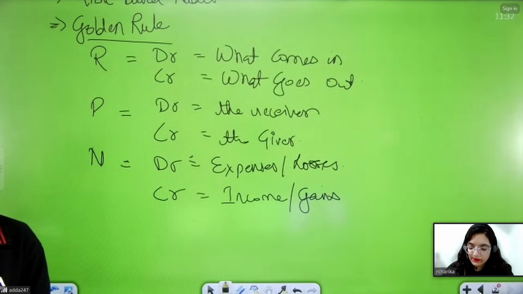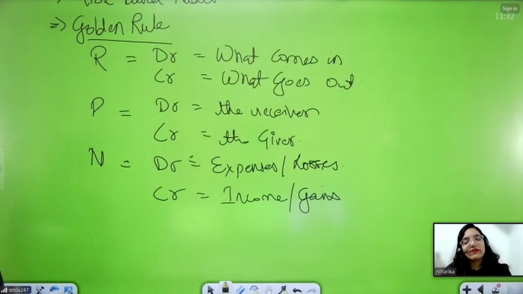The golden rule that we're talking about is called the English approach, also called the traditional approach. There's another approach followed by Americans, which talks about all the elements: capital, revenue, assets, drawings, liabilities and expenses. They decide the nature of each part.